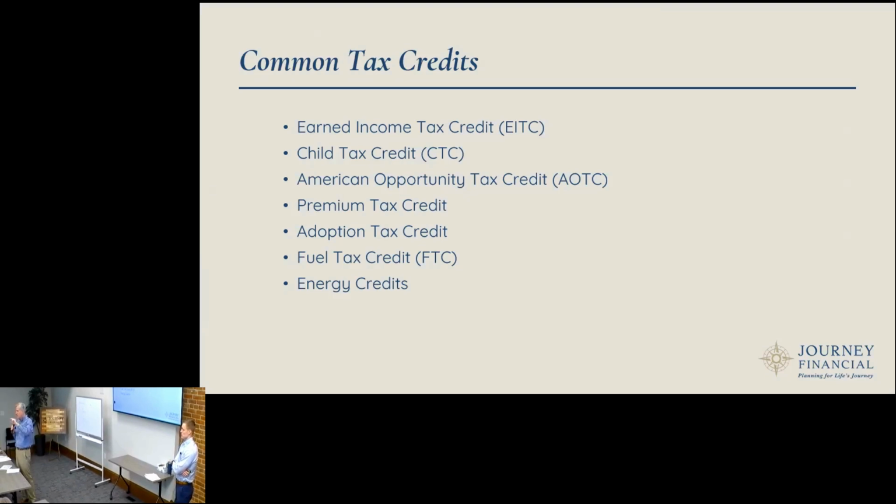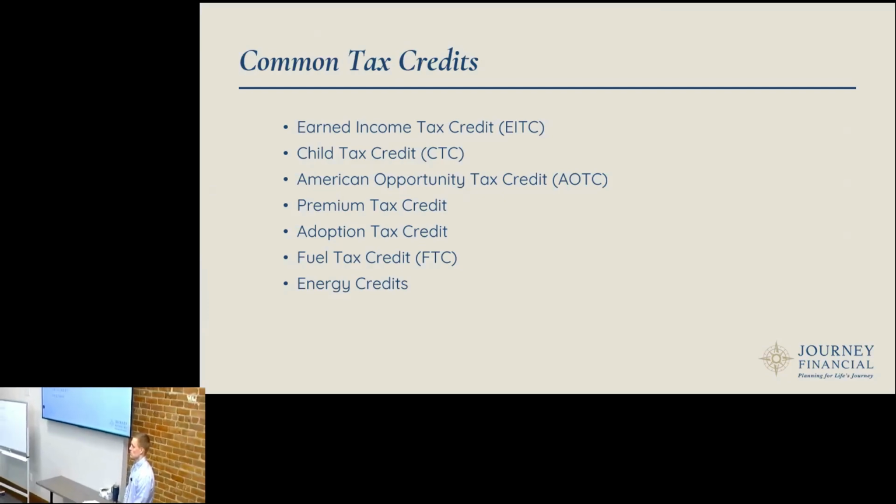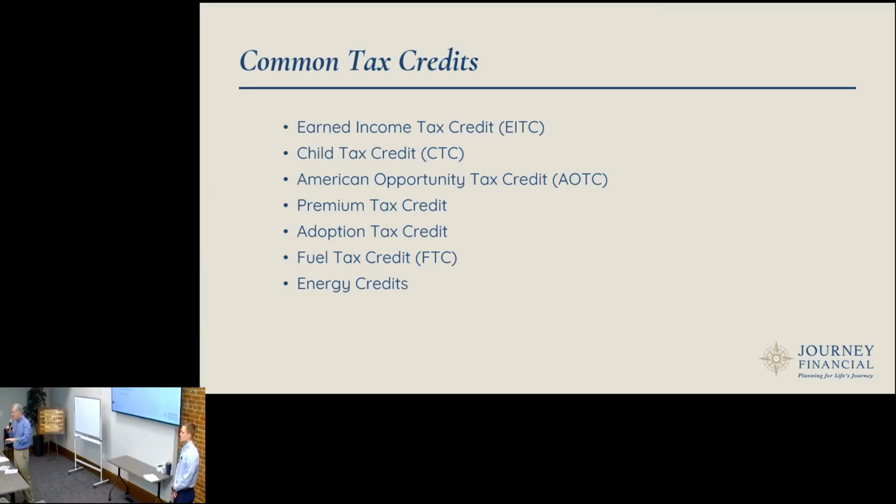Let me just use some quick math. You owed $2,000 in tax, and then you applied your tax credits, and let's say you got $5,000 of tax credits. That took your tax liability from a positive $2,000 to a negative $3,000. A refundable tax credit means that you get a tax refund of $3,000. So you get refunded on tax that you never paid. That is a refundable tax credit, and it exists for a lot of people out there.